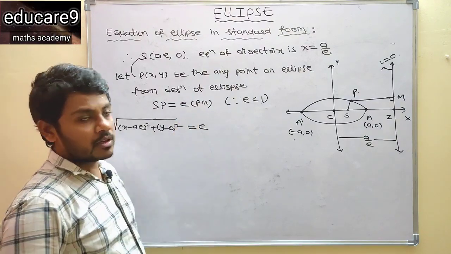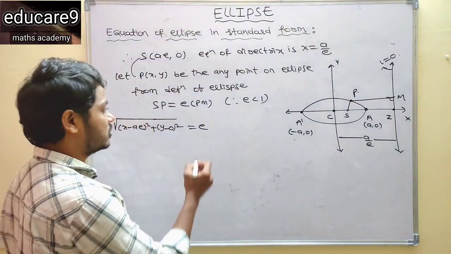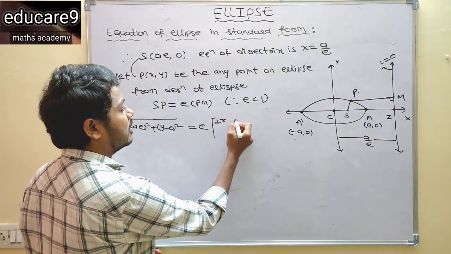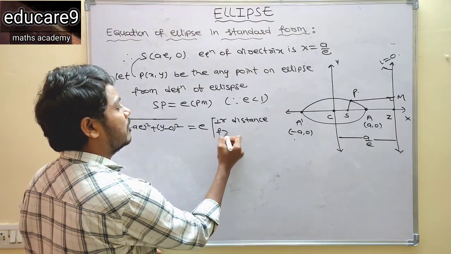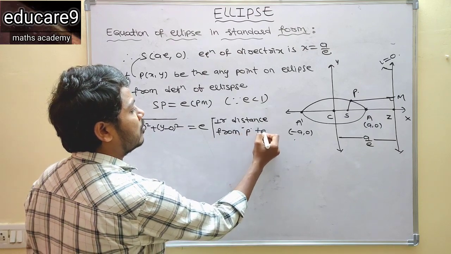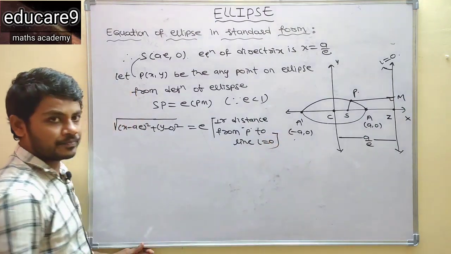PM is the perpendicular distance from point P to the line L equals to 0.